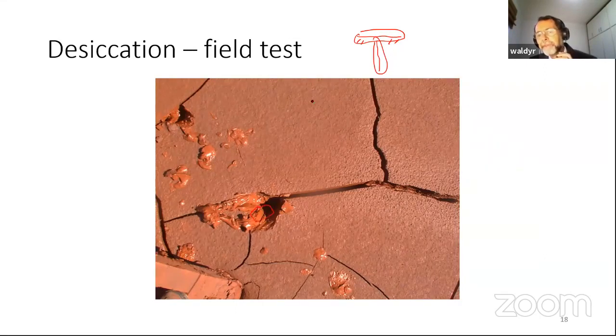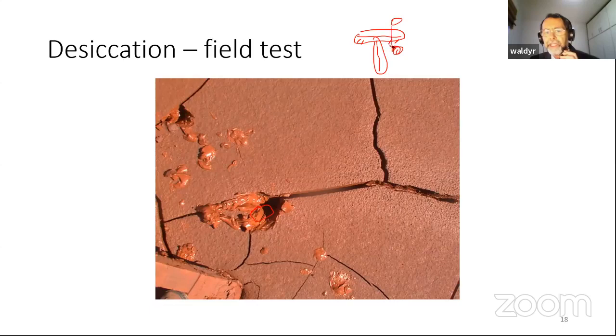The material does not desiccate, because maybe this crust creates a barrier to the exchange between the liquids in the material and the air on top of it.